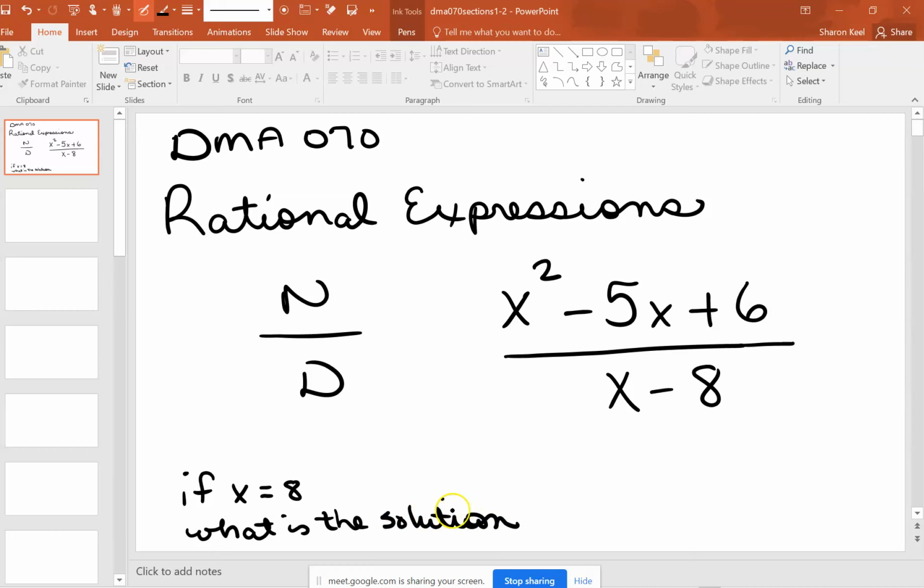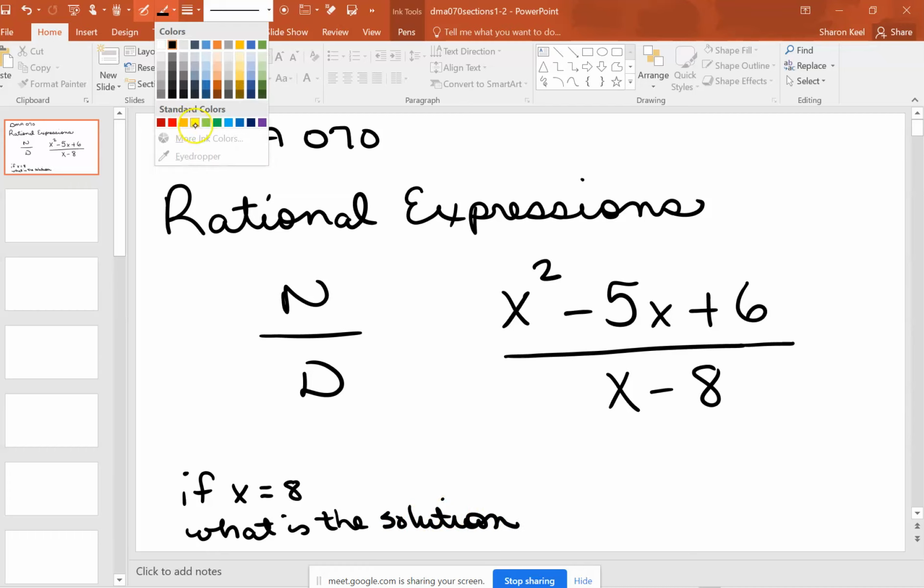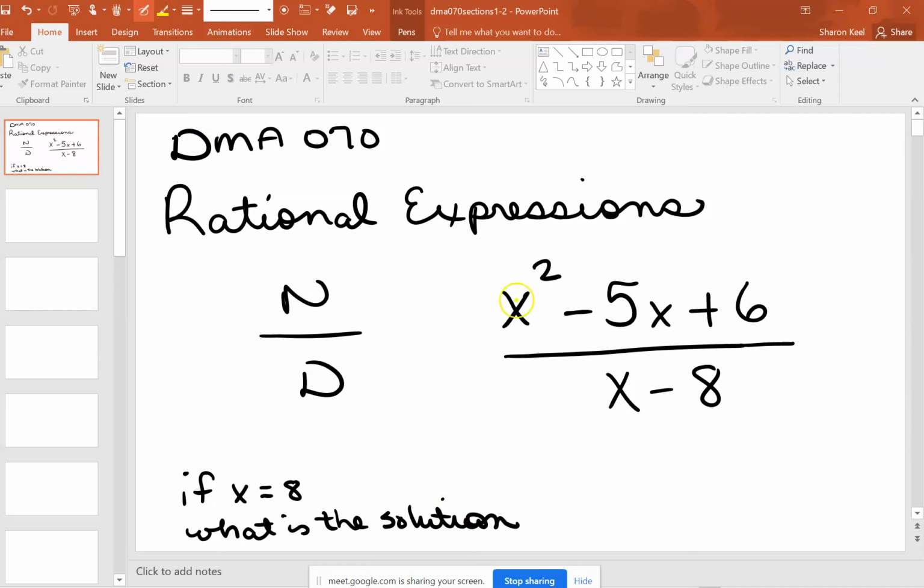And what I hopefully think you might notice is I can plug in an 8 here and here, but think about fractions. What's the one thing we cannot have with a fraction? The denominator cannot be equal to a 0, can it? If the denominator is equal to 0, it would be what we call undefined.